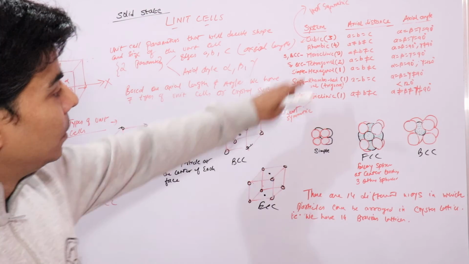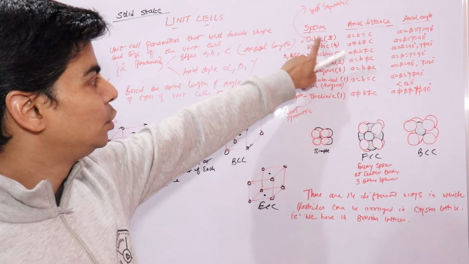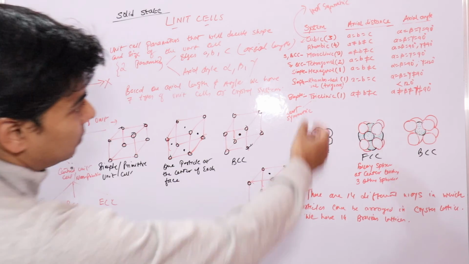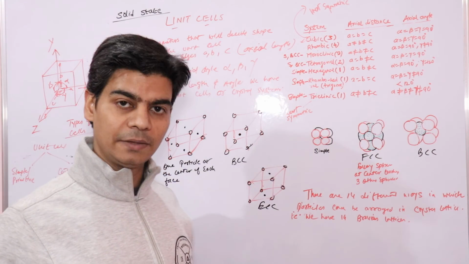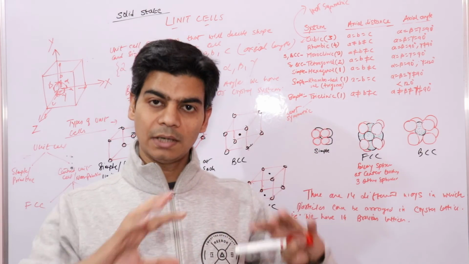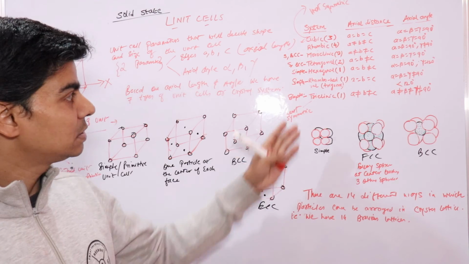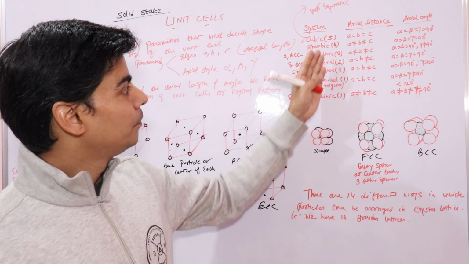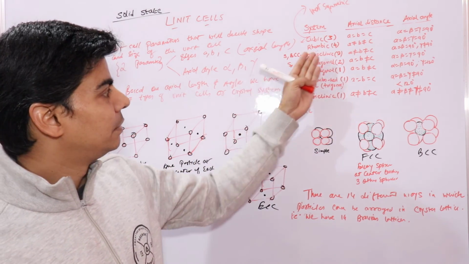If you look at the first crystal system, cubic, it has 3 crystal lattices. That means there are 3 different ways in which the cubic system can arrange its particles: simple, body centered and face centered.